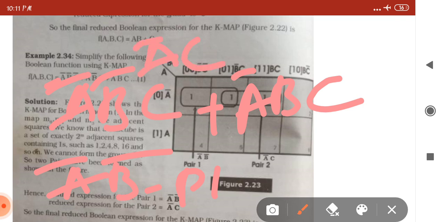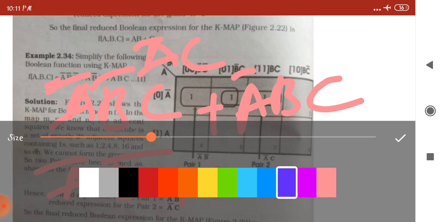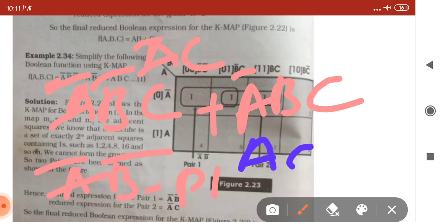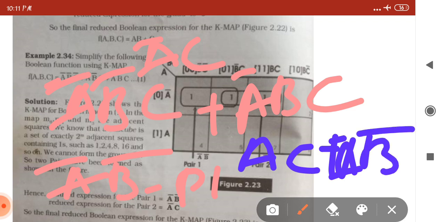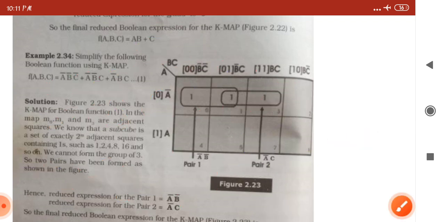B plus B bar. That is AC. The answer is AC plus A bar B bar for this K map. For this K map, we can write it like that. Yes, this is a way to simplify the equations.